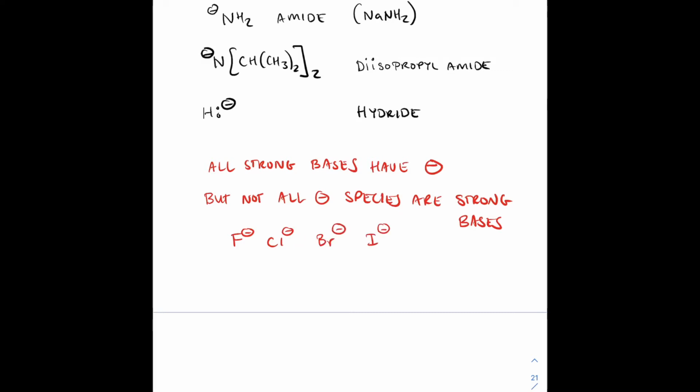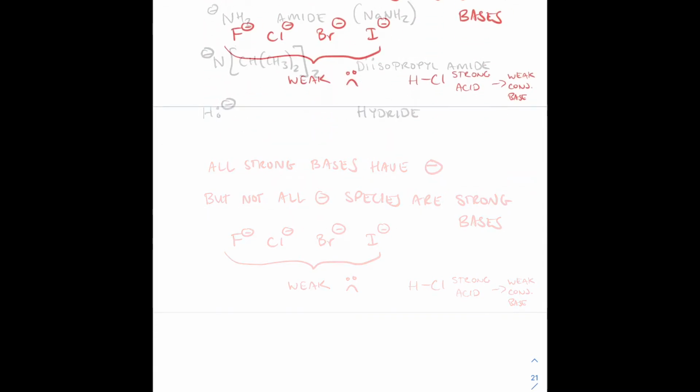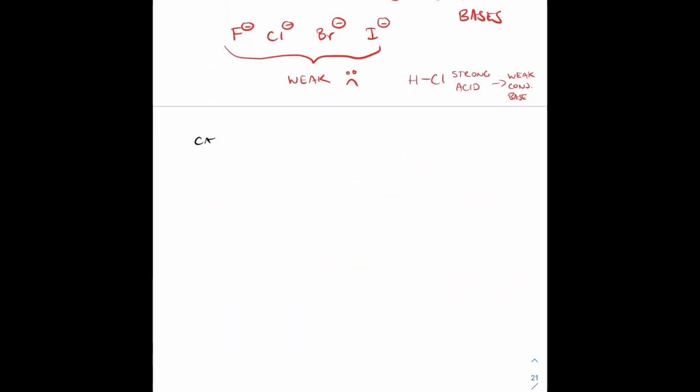So these guys are very weak bases, and we can think about it as the stability of those conjugate bases, right? Remember the concept that a strong acid produces a weak conjugate base, and so HCl is a strong acid, for example, and therefore the chloride anion, which is the conjugate base, is weak. So that's just an example of how not all negatively charged species are strong bases.